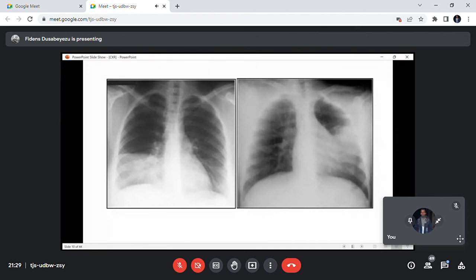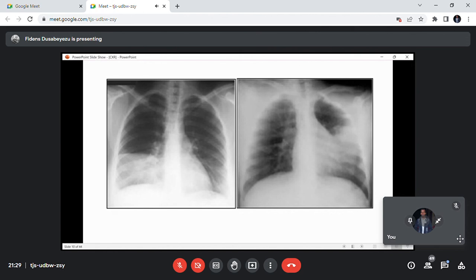Like in this case, it is a well-marginated opacity, but with air bronchogram in the lung, this is most likely consolidation. I can't tell that it was a pneumonia, because consolidation is different. Pneumonia is a diagnosis already. It's better you use the term consolidation, because saying pneumonia requires you to combine it with the clinical presentation of the patient.